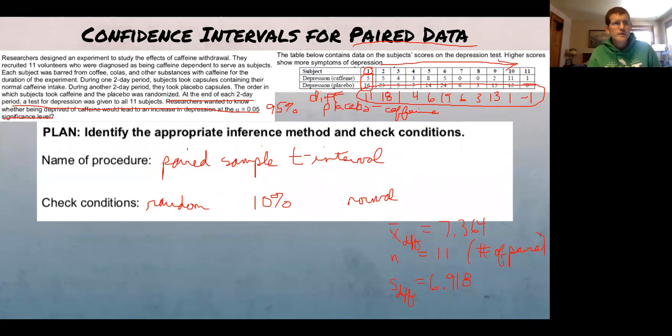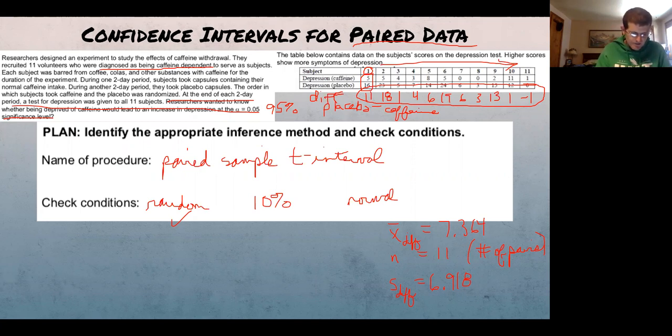So, okay, this is random as far as people being diagnosed as caffeine dependent. As long as we only generalize this to that group, then this is random enough. We can't generalize this to the entire population, but only those who are caffeine dependent.